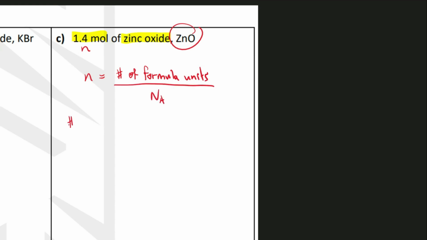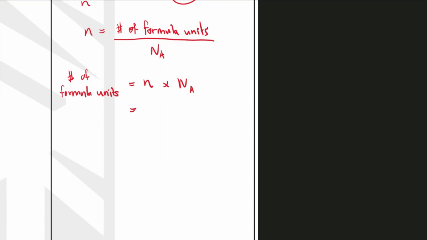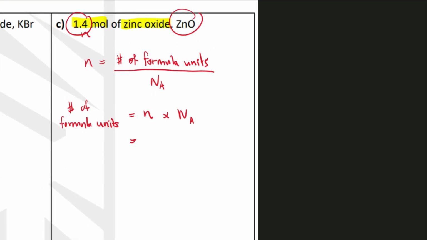We just have to rearrange this: number of formula units is number of moles times Avogadro's constant. So we have 1.4 times 6.02 times 10 to the power of 23. The answer is 8.428 times 10 to the power of 23. This is the number of formula units of zinc oxide in 1.4 moles of zinc oxide.